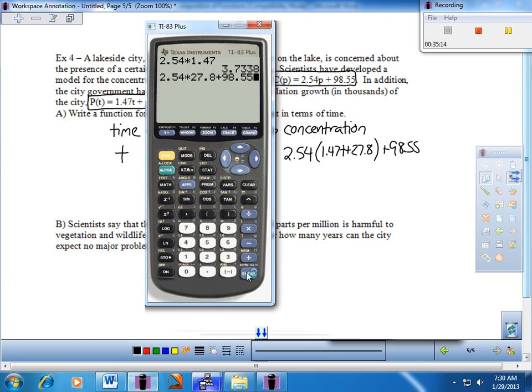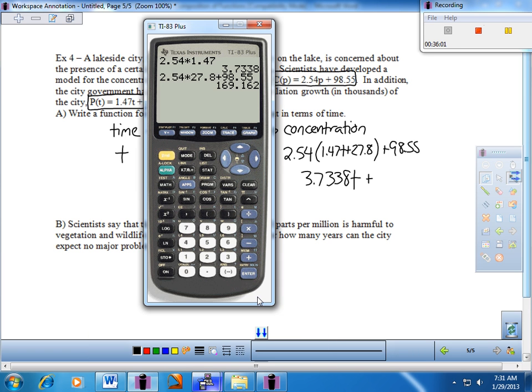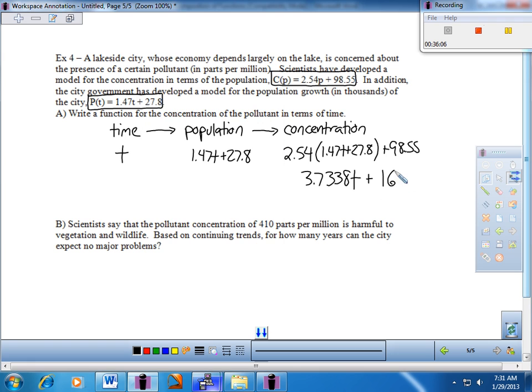All right, so I'm not going to be able to remember this, but basically I've got 3.7338t, and then plus, let me just see what that was again, 169.162. Okay, very nice. And there is our winner right there.